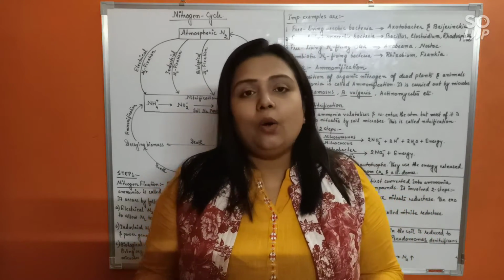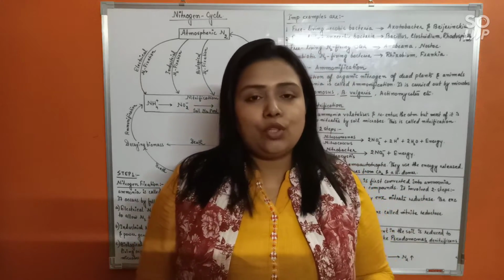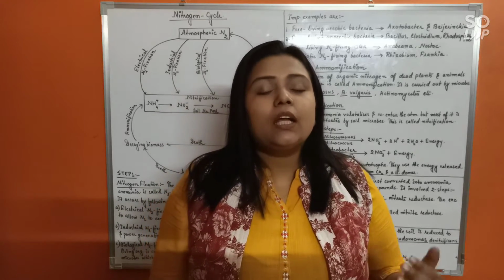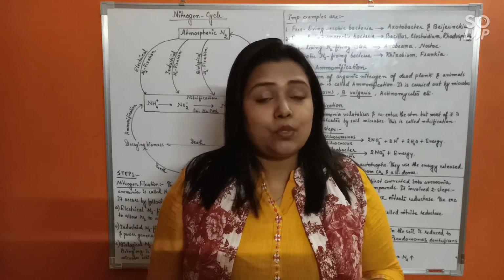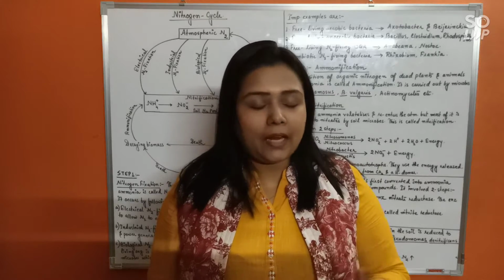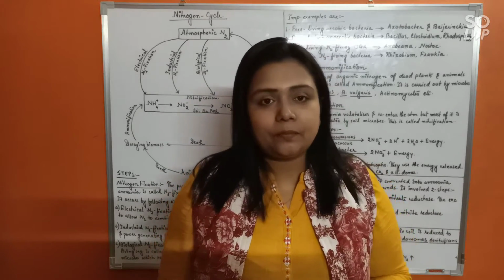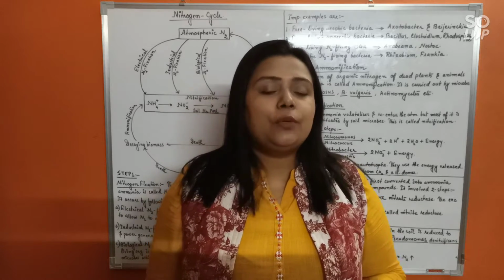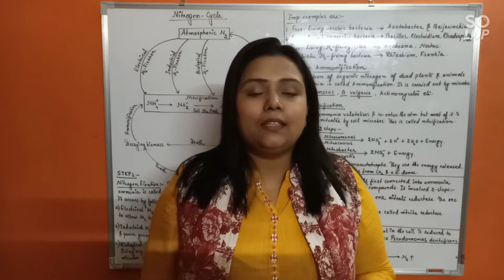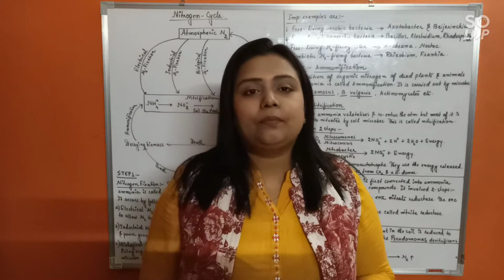So how is the atmospheric nitrogen, which is highly unreactive, converted to a soil nitrogen form so that plants can finally take it up, and from plants the animals can take it? This is maintained by a cycle that's called the nitrogen cycle.